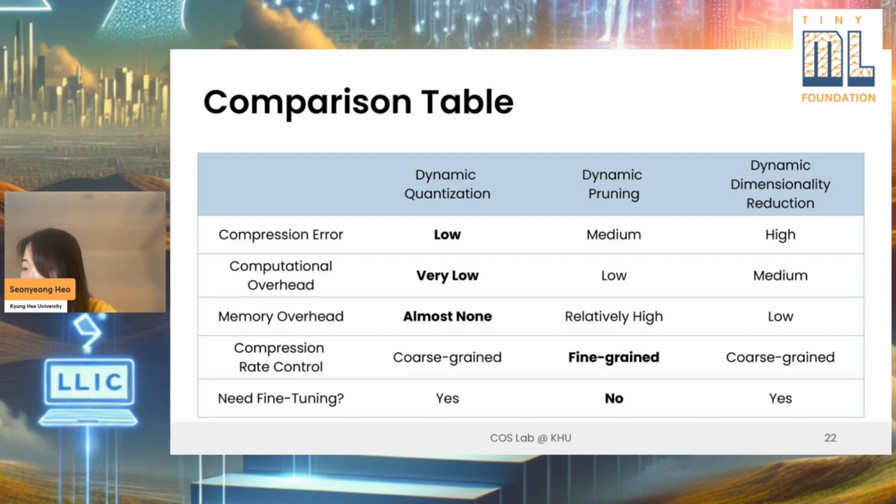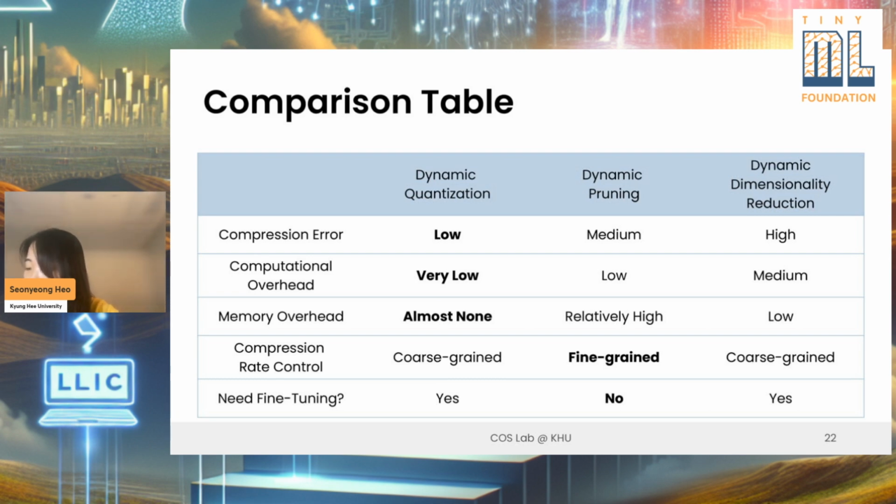And next, the memory overhead for dynamic quantization is almost none, because we only need to store a few quantization parameters. In terms of compression rate control, dynamic pruning allows fine-grained control of sparsity by changing the pruning threshold.